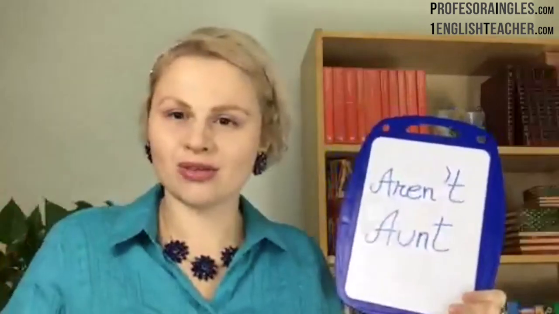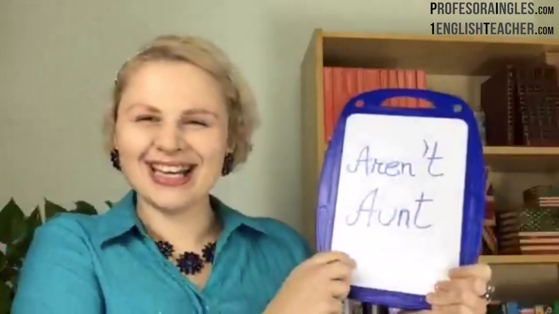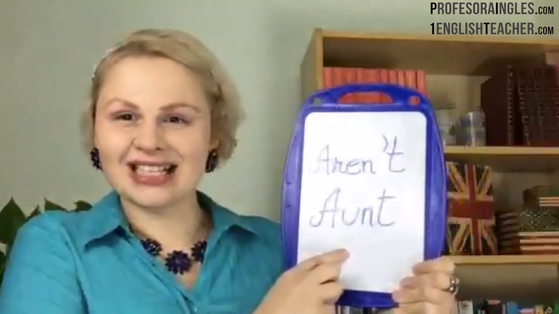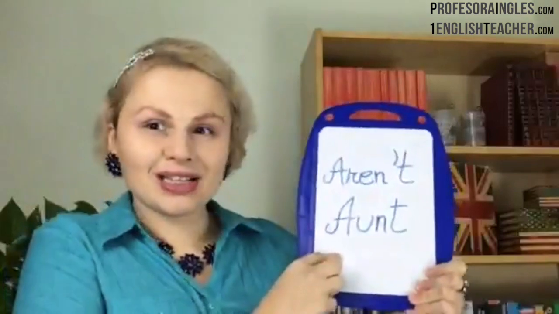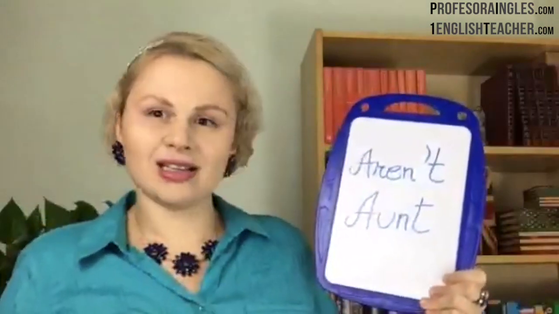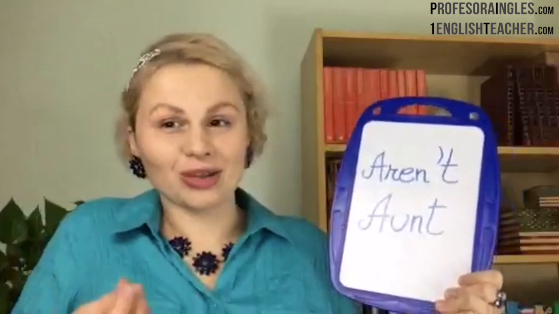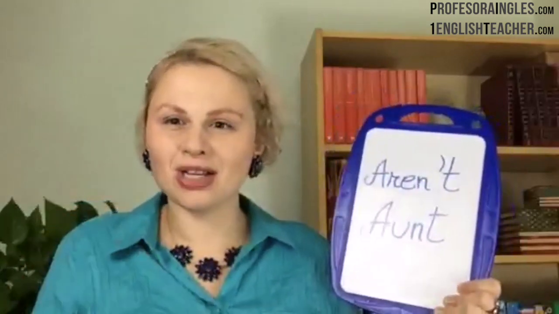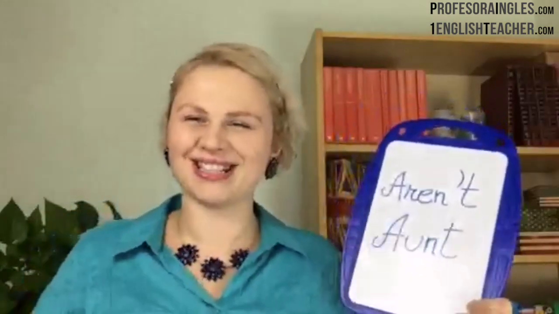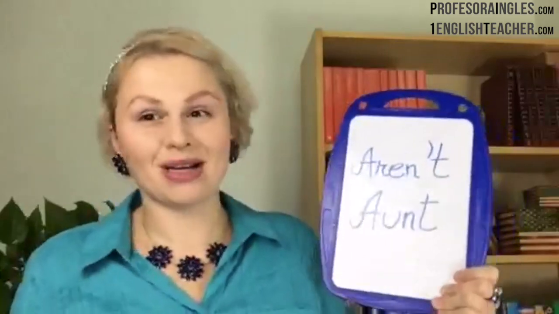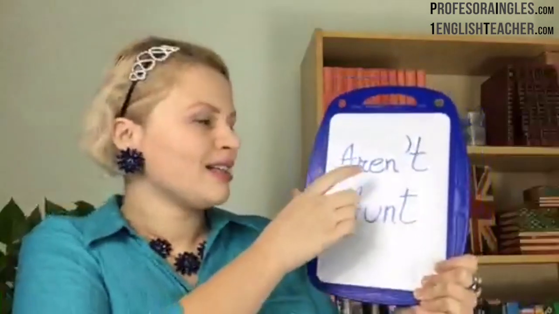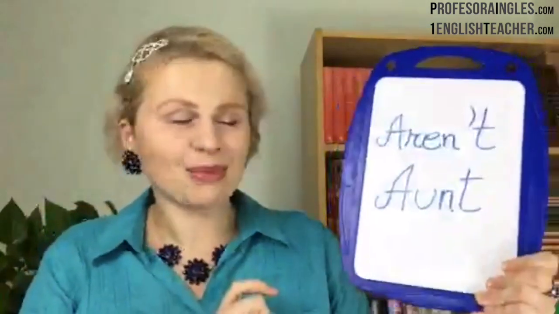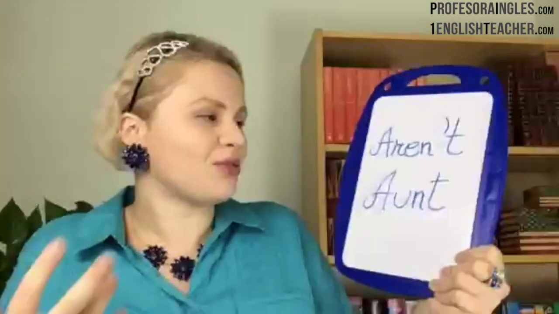Or it can be the sister of your mother, etc. So an aunt is a lady who is the mother of your cousins, or the lady who is married to your uncle, okay? Just to make it a bit more simple, because not everyone has kids. So aunt is a noun, aren't is a verb, and they sound the same. It's aren't, aunt. It's very, very similar.